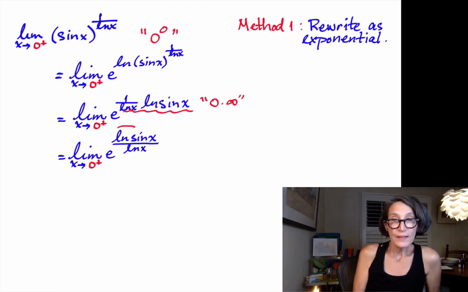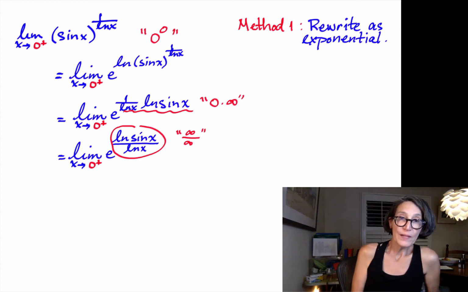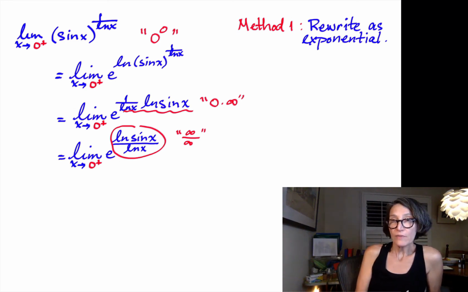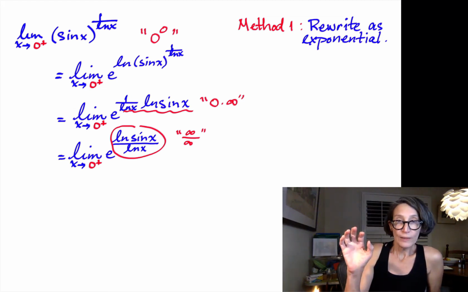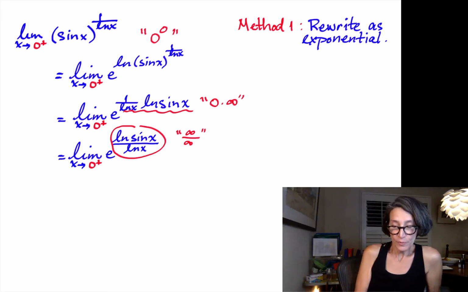And now, let's just deal with that exponent by itself. And then once we find the limit of that exponent, we'll just raise e to whatever we get, and that will be our final answer. So that exponent has indeterminate form infinity over infinity.